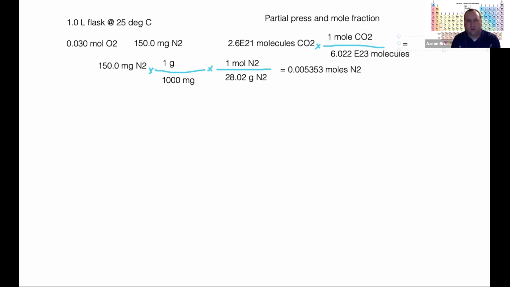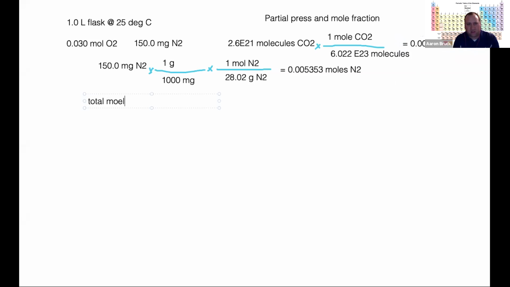And so 2.6 times 10 to the 21st divided by 6.022 times 10 to the 23rd, we get 0.0043 moles of carbon dioxide.